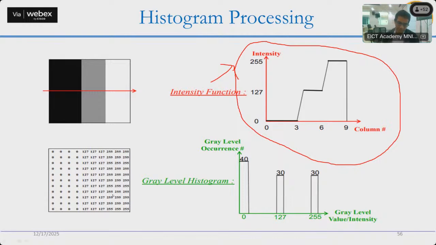One quick check: is the left-hand image part and the right-hand one absolutely correct, or is there any change? This is the proper gray level histogram.